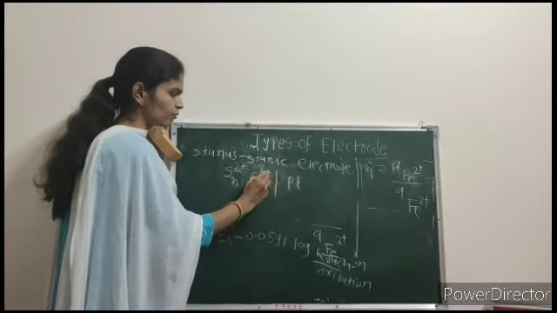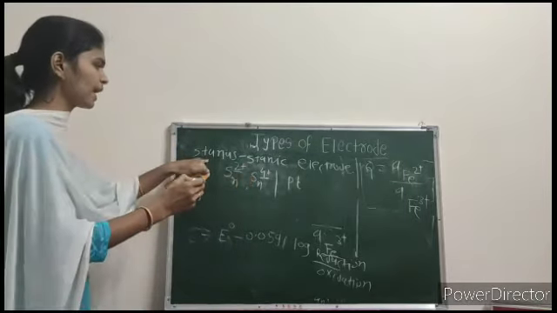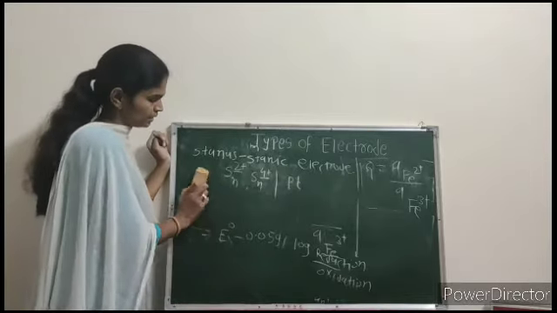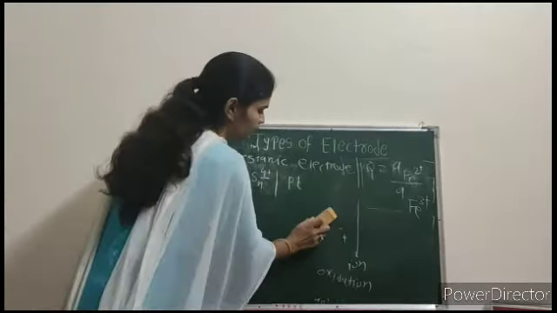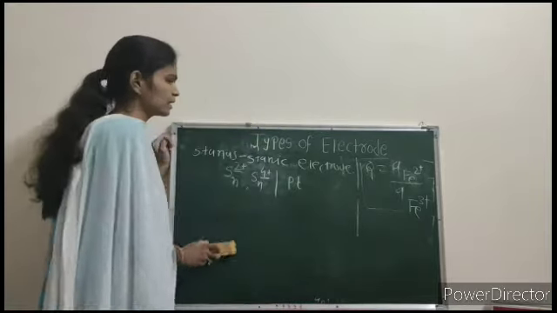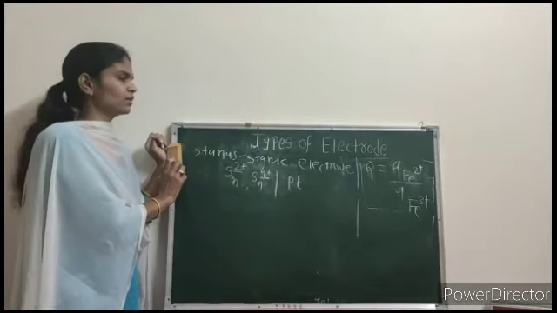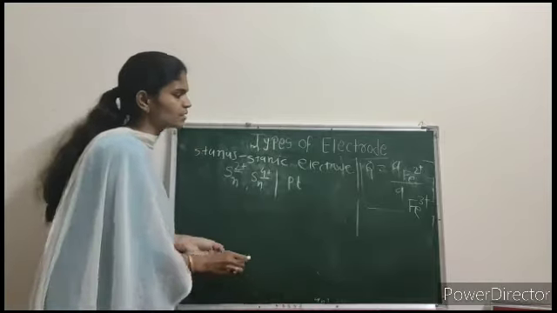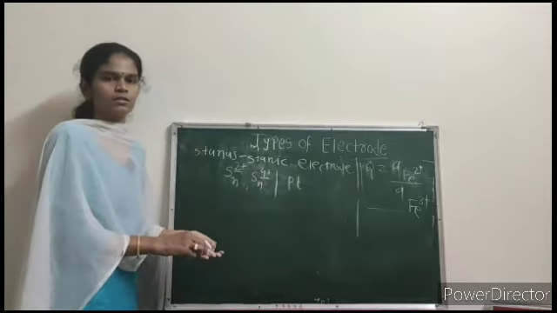These are the two different oxidation states that give the stannous stannic electrode. Solve this example the same way. These are the 5 types of electrode. In the next lecture we discuss the EMF series and single electrode potential. Okay, thank you.